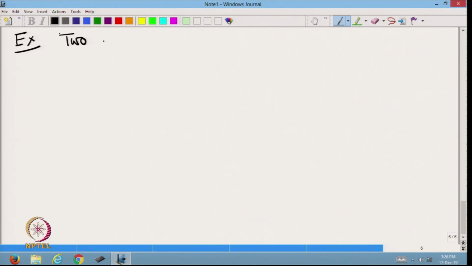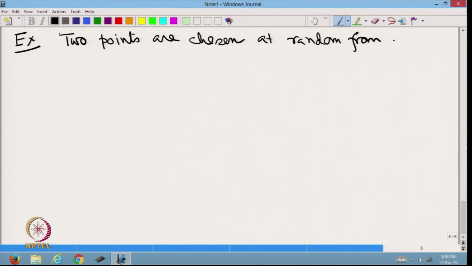Two points are chosen at random from 0, 1.